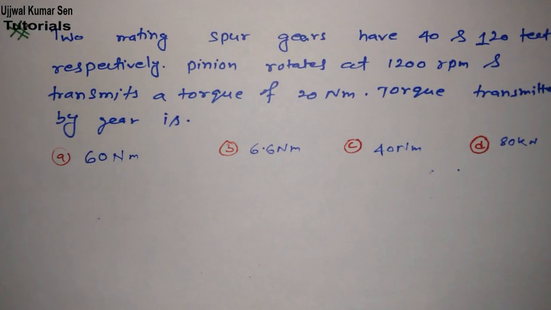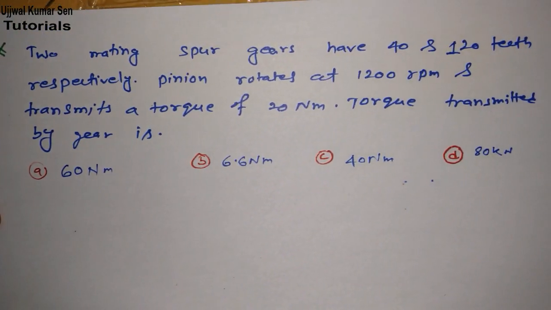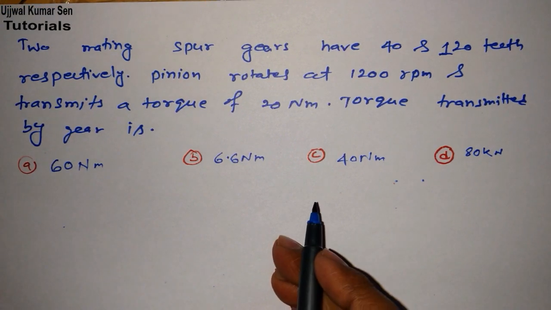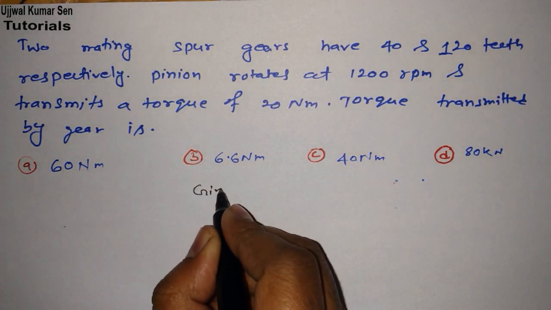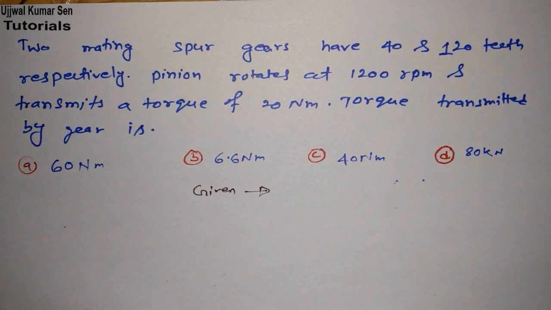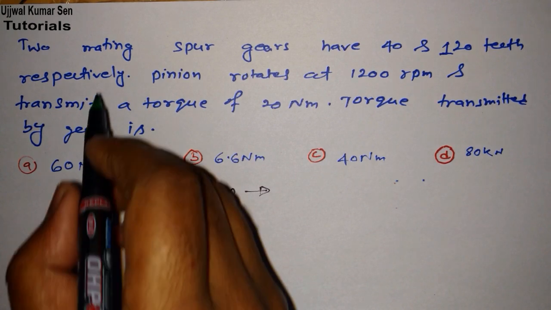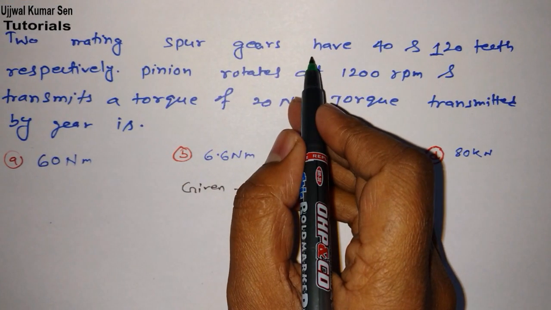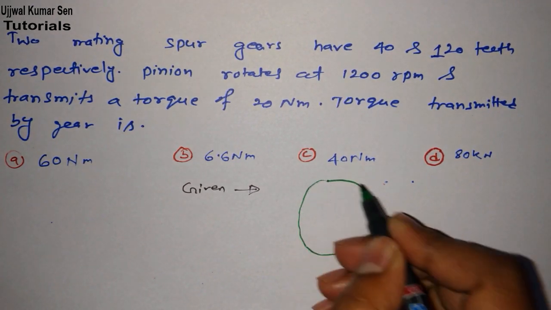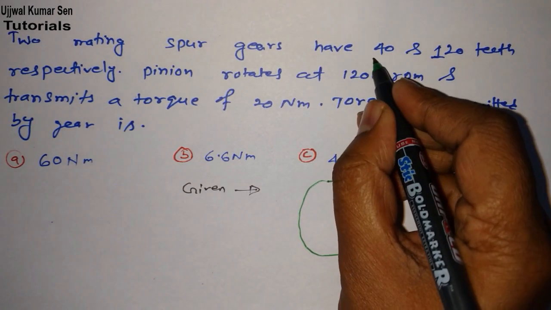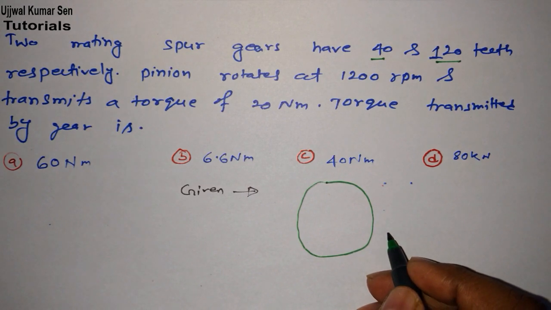Okay, so here is the numerical problem we got, and I hope you can read it, right? So first of all, let's read the question. What we have given in this question is important. We have given 2 mating spur gears. Okay, they said these two are spur gears. So suppose that these are 2 mating spur gears and teeth are 40 and 120.